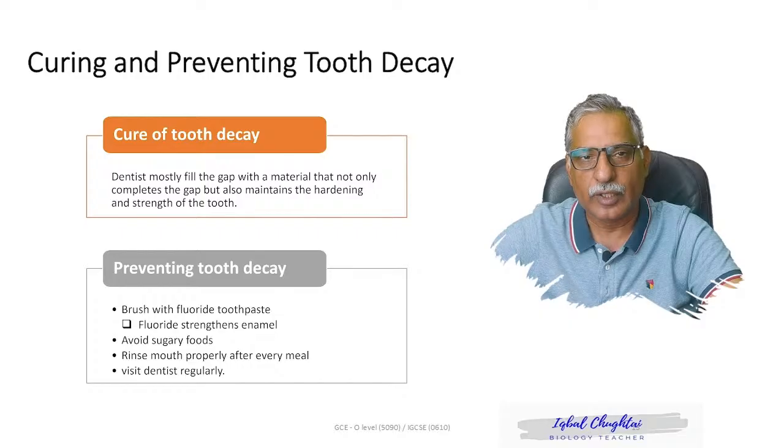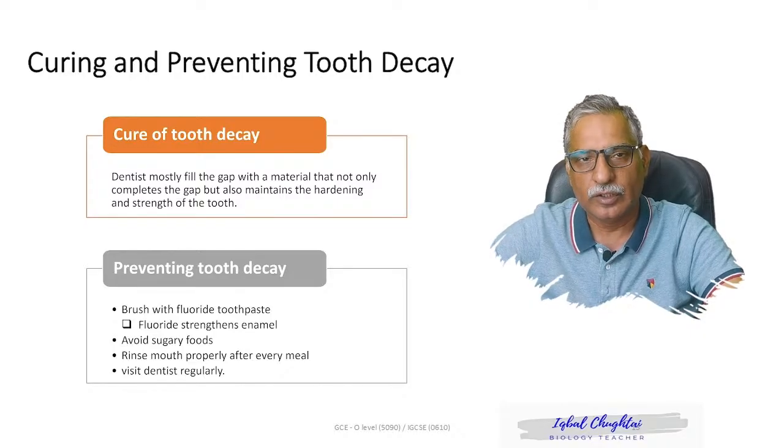We must use antiseptic mouthwash that will reduce the population of bacteria in our mouth. And we must visit the dentist once or twice per annum. If any damage has started occurring to the teeth, the dentist will observe it and counter it immediately before the damage becomes severe.